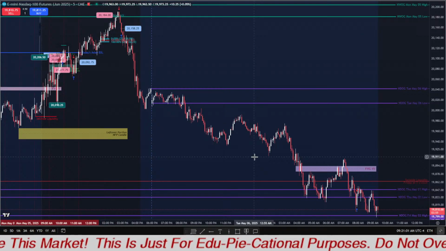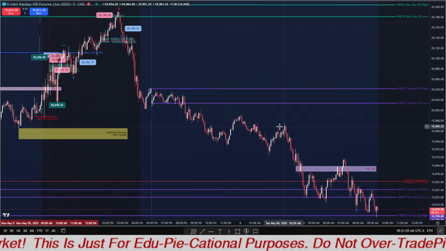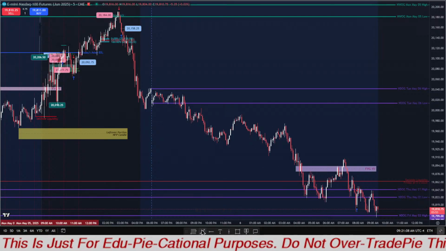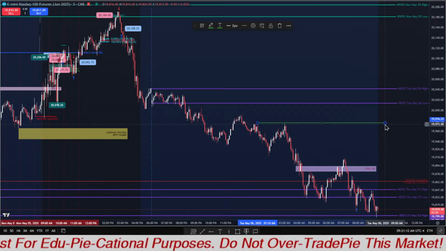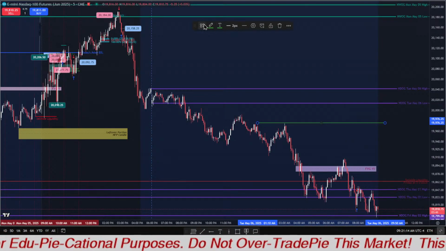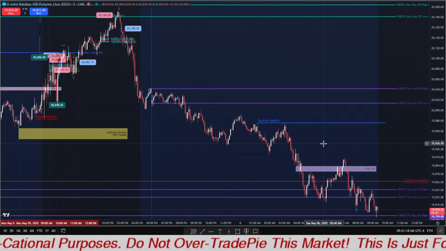Here, what is attracting my eye is these relative equal highs for the intermediate bias. I'm highlighting this place as our buy side liquidity.